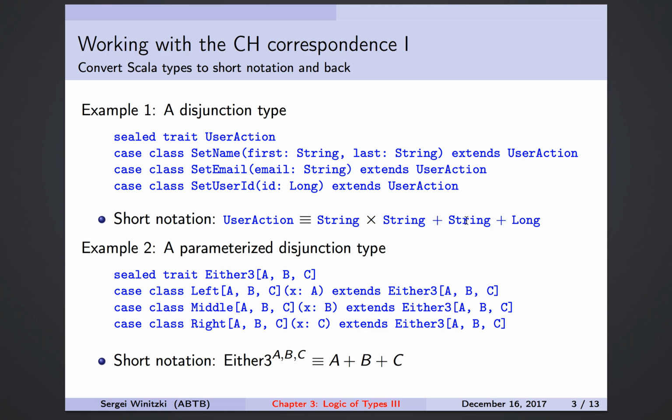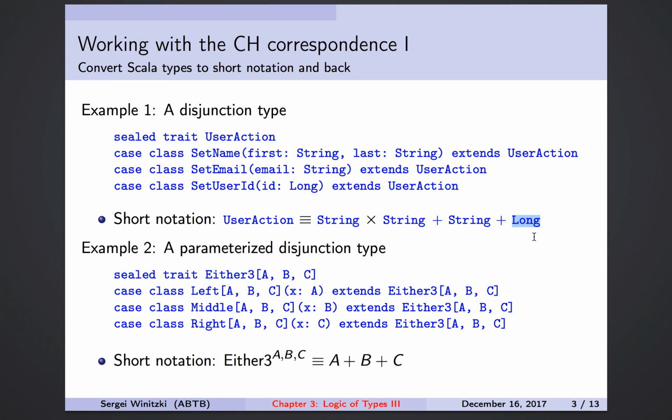And you see the disjunction very clearly, and you see the parts of each part of the disjunction. So the disjunction has three parts corresponding to these three case classes. The first part has two strings, so it's a tuple of two strings. And the second part is a single string, and the third part is a single long integer number.